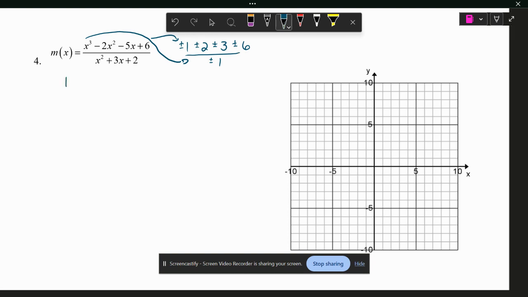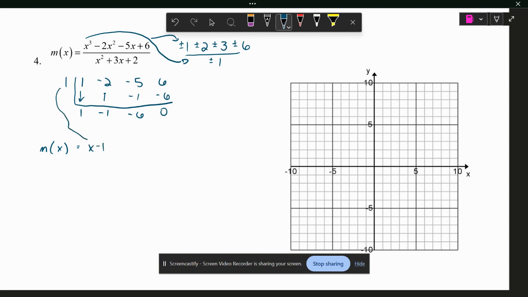So I'm going to take 1, put it on the outside, and use synthetic division to simplify. Now I've got 1, negative 2, negative 5, and 6. You're going to drop the 1. So I get 1, negative 1, negative 6, and 0. So right now I'm looking at my equation being x minus 1.